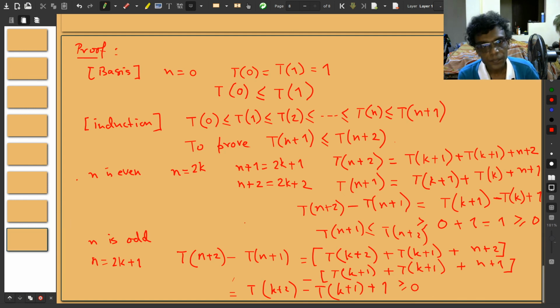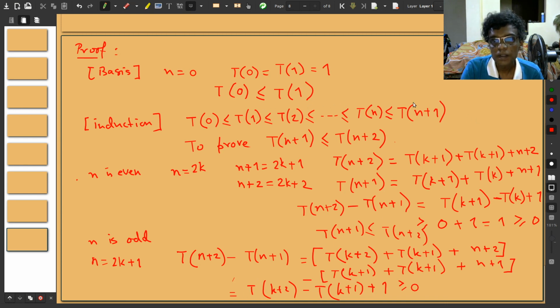Okay. So now, definitely, if I use only the extended or generalized weak form, I cannot proceed, because there I make an assumption for some constant number of previous cases, k, right? But here, as n grows, the inductive assumption that I use is going further and further away from n plus 1.